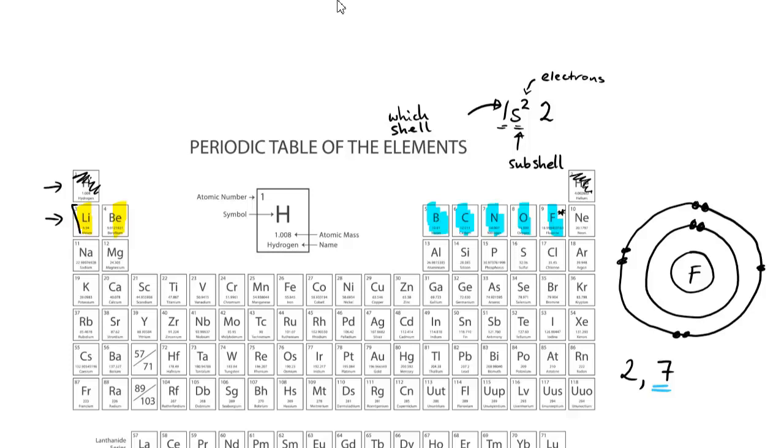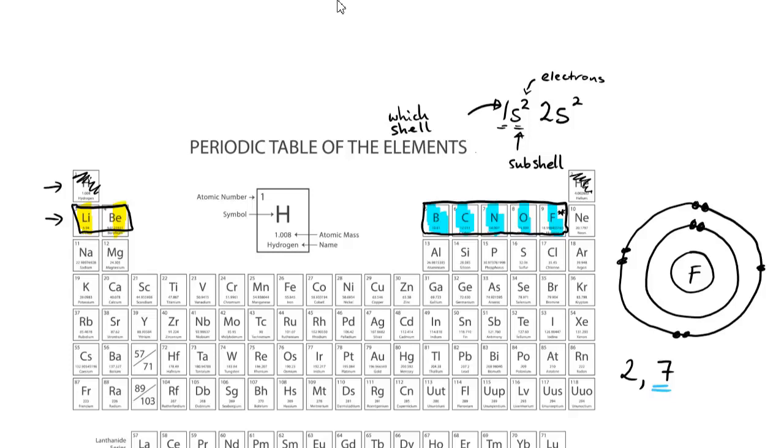Okay, so the way we write this out in chemistry is we go, in the second shell we have this s subshell to fill, so spherical, and we can only put in a maximum of 2 electrons. And then in this set, to get to fluorine from here, we need to fill in 4 more electrons.